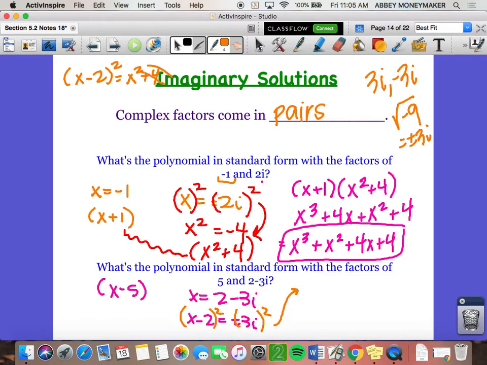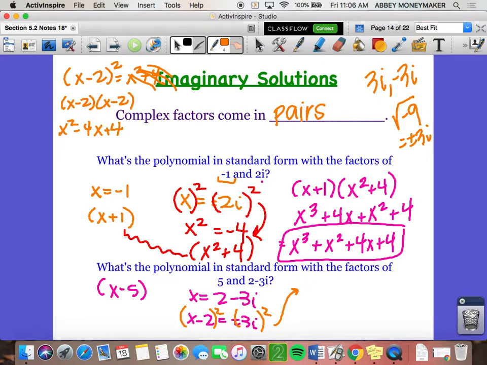Heck no, that's not right. What do you need to do? Make 2 of them and multiply it out, okay? Because what actually is x minus 2 quantity squared? x squared minus 4x plus 4.